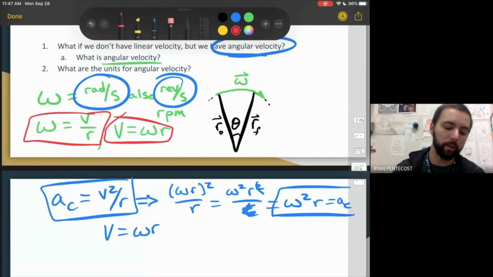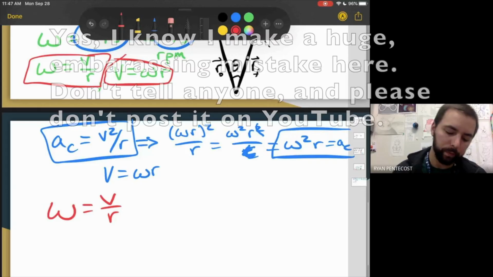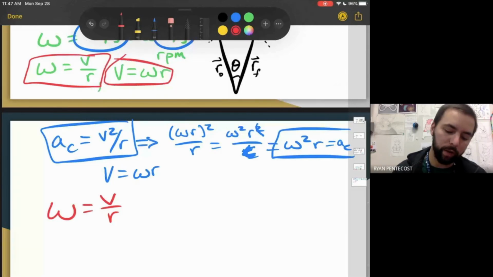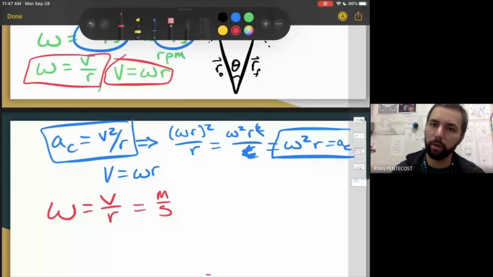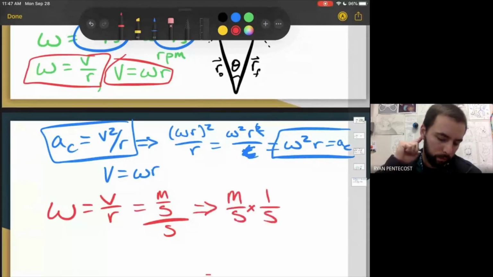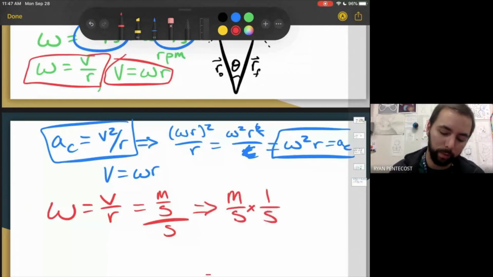So if you take meters per second divided by meters, right? Let's look at that real quick. Omega is velocity divided by radius. So that means that we have meters per second divided by second. If you're dividing a fraction, you can always multiply by the reciprocal. So you could say meters per second times 1 over seconds. No, I'm sorry, that's not the reciprocal.